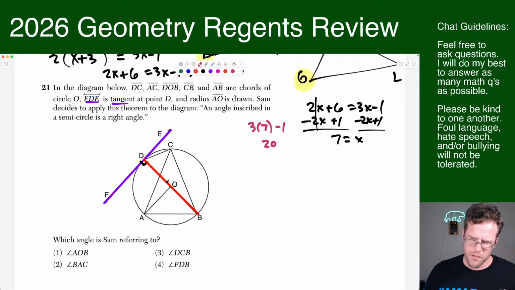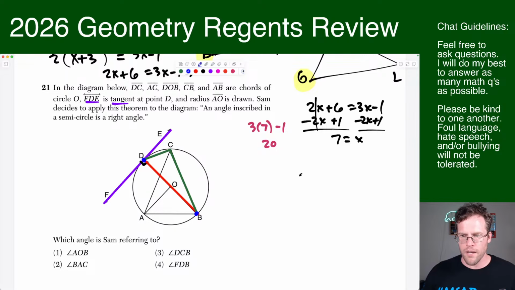Maybe we could find another diameter here, but here's one of the diameters we have. There's no inscribed angles on this side that use this diameter, but over here, see this angle here? It is an inscribed angle that meets both endpoints of the diameter.